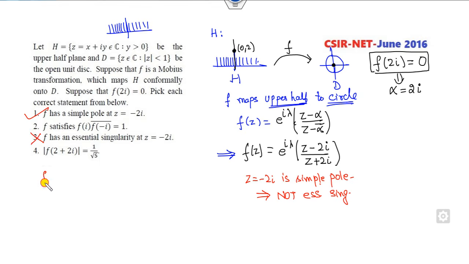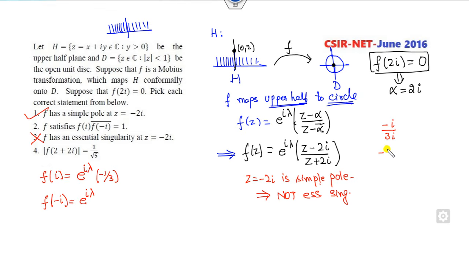Look at this one. F of iota. If I substitute here, lambda is unknown to you. What is the iota? It's minus iota divided by 3 iota, so it is minus 1 over 3. What is f of minus iota? It is e raised to power here.